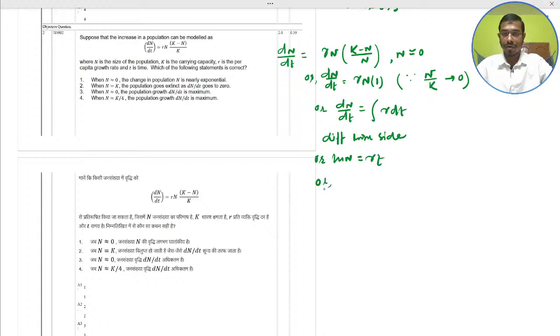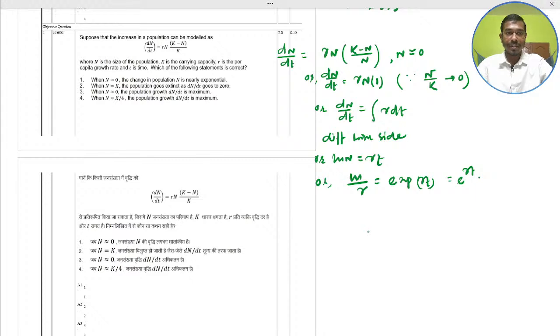Or ln N by gamma would be the exponential gamma t. Exponential gamma t means e to the power gamma t.